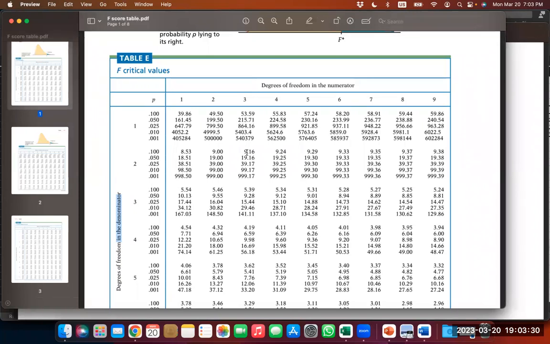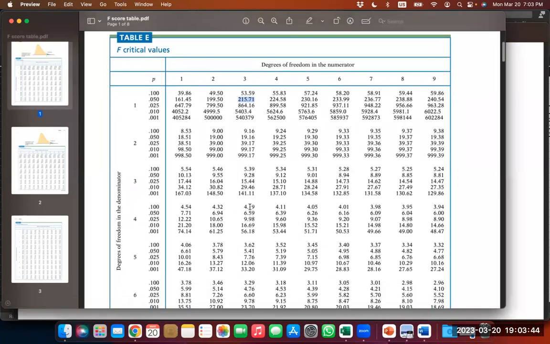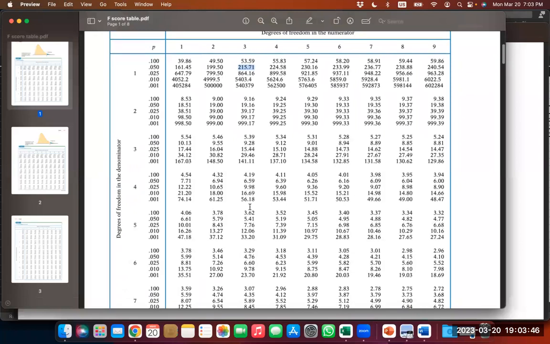with our example of 4 societies with altogether 13 participants. We have a degrees of freedom between of 3. We're looking for 5% p-values or 5% alpha. That would be the second row in each respective corresponding line. So therefore, we're going to a degree of freedom in the denominator that corresponds with our total number of participants.